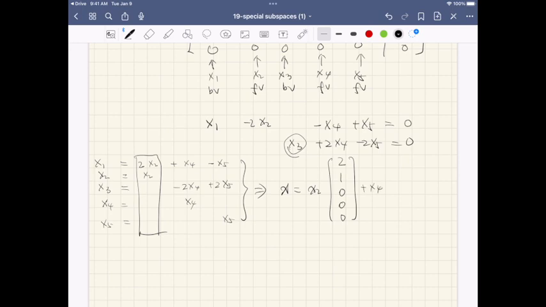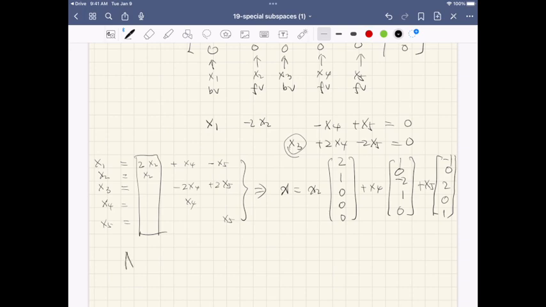And x4: the second term is 0, negative 2, 1, 0. x5: negative 1, 0, 2, 0, 1.